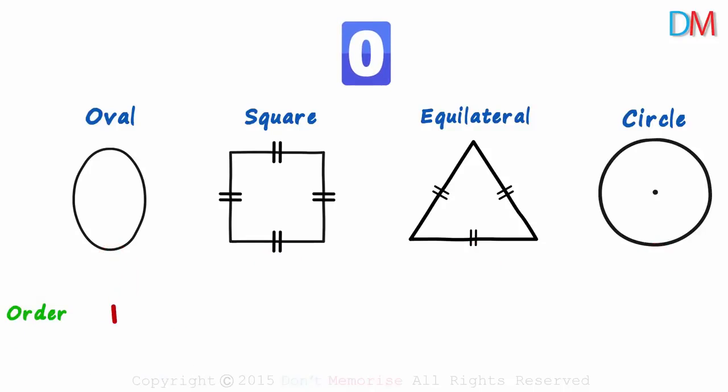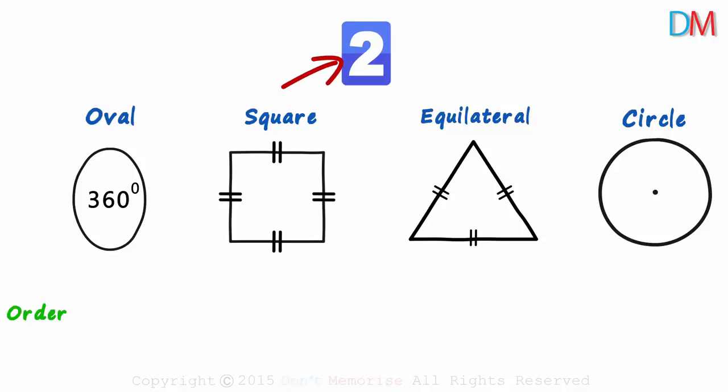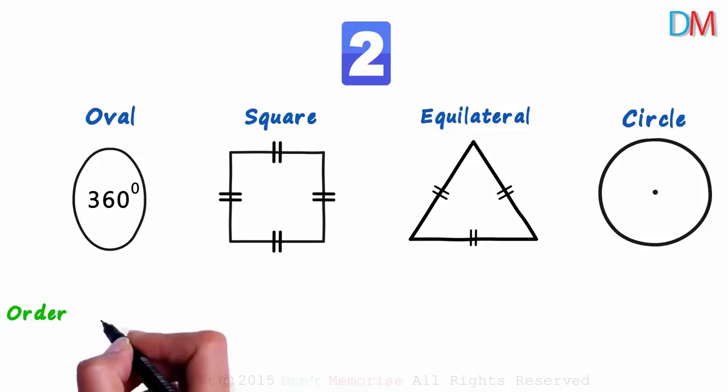We begin with the oval shape and start rotating it. Let's see how many times the rotated image looks like the original. Once and twice. We saw that it looks like the original shape 2 times after the complete rotation. Its order of rotational symmetry is 2.